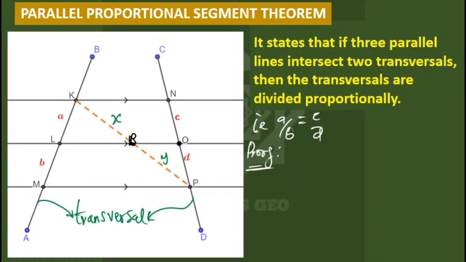We'll now apply the triangle proportional segment theorem, because this line is parallel to this. If you could remember, if you have anything of this form, where this is parallel to this side, and here is A, B, C, D, then A over B is the same as C over D by the triangle proportional segment theorem.